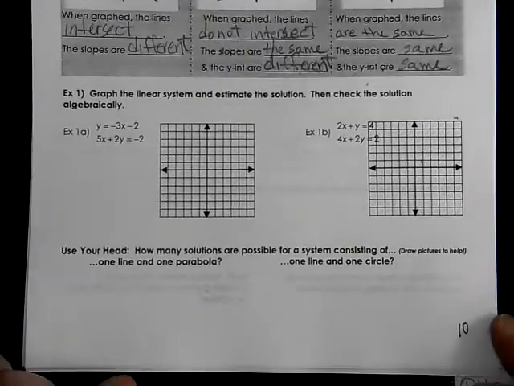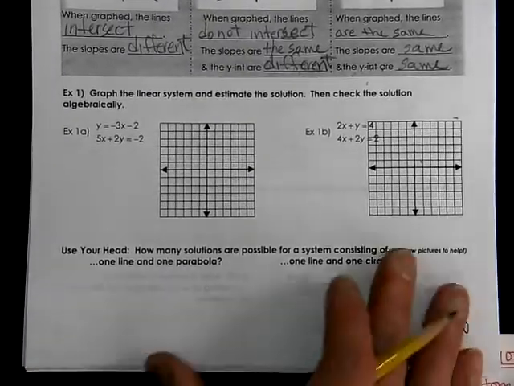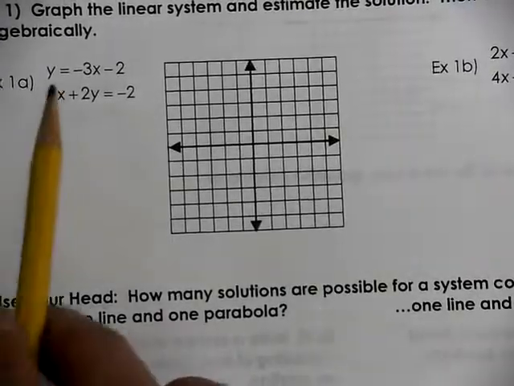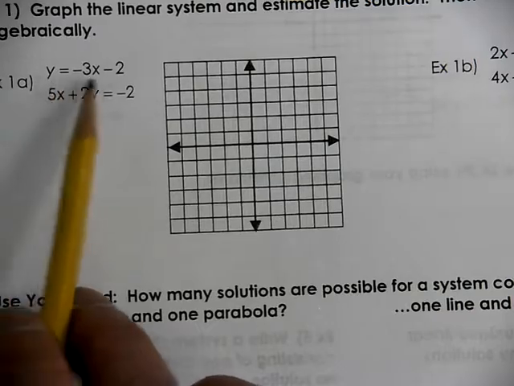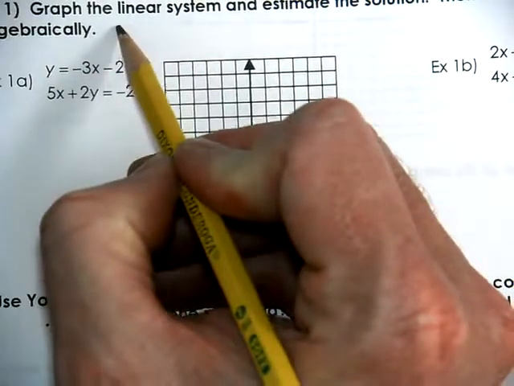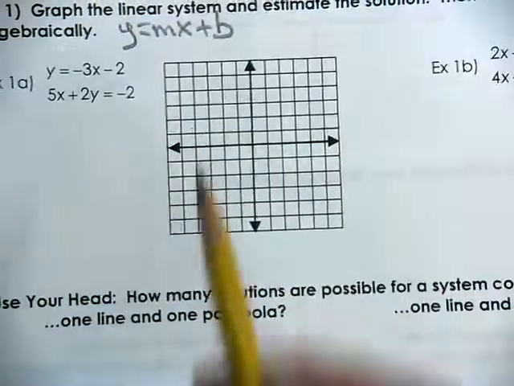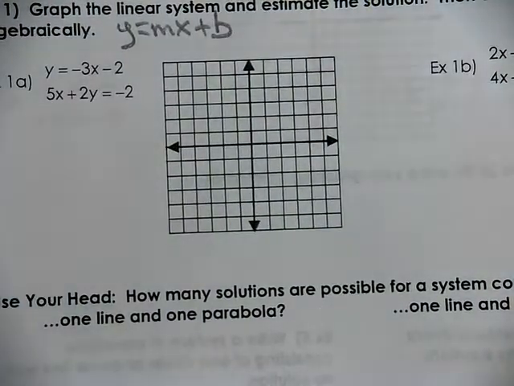Okay, so we're going to come down here and try to graph these two systems of equations. This equation is written in y equals mx plus b form. That's usually the form people prefer it to be in.